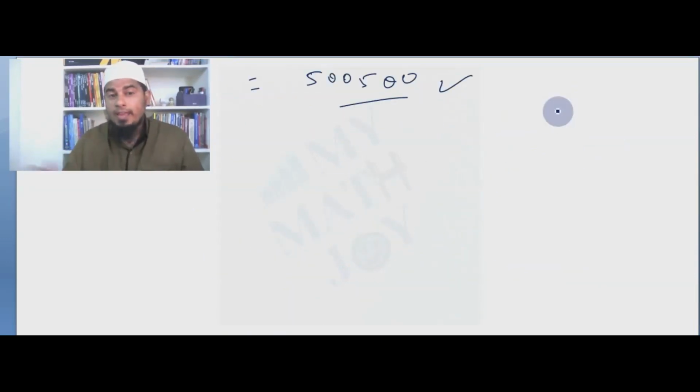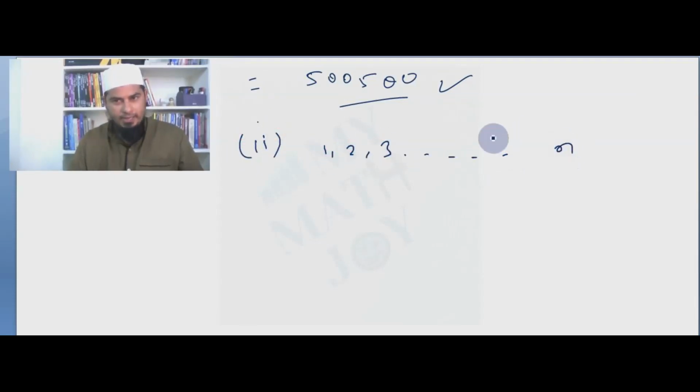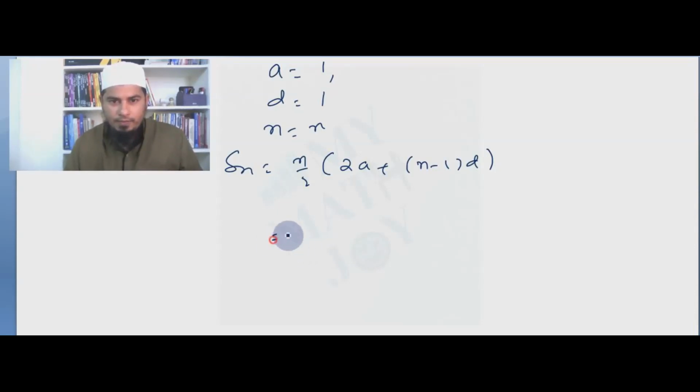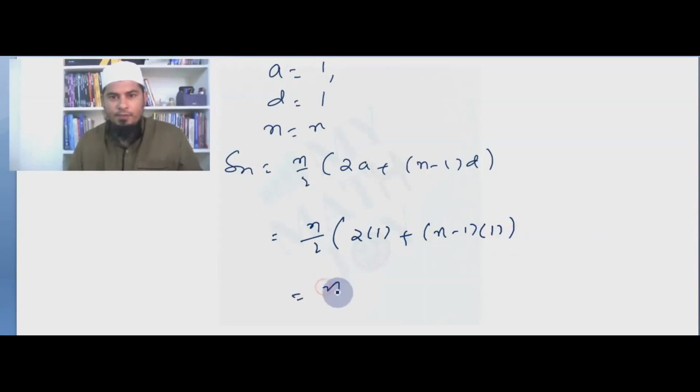So the second bit, the first n positive integers, shall give us this answer. For the second question, it will be 1, 2, 3, and so on up to n. So a is my 1, d is also 1, n is again n. Sn is equal to n over 2 into 2a plus n minus 1 into d. So when we are using this, 2 times 1, because a is my 1, and n minus 1, d is also 1, when we are doing this simplification, you get n over 2, 2 minus 1 is 1, and n, I'll write n plus 1.